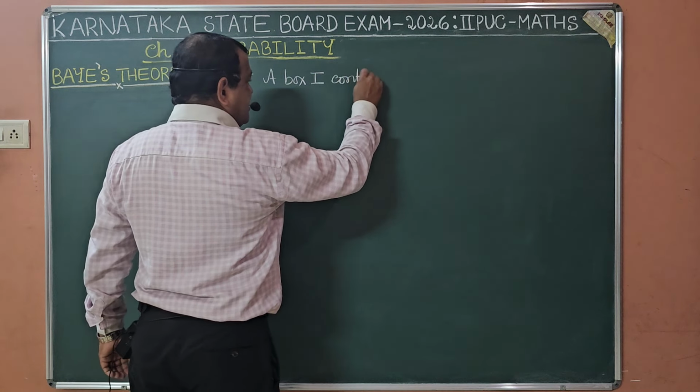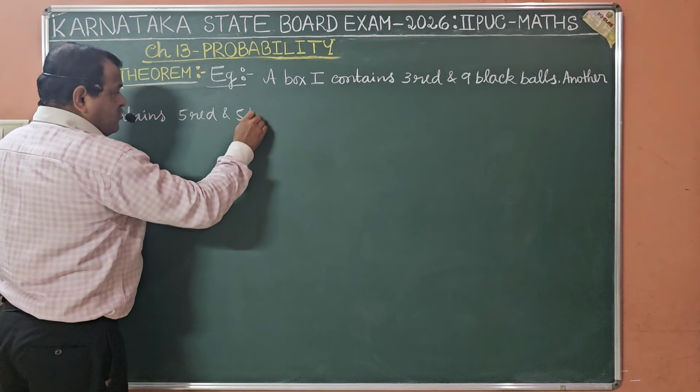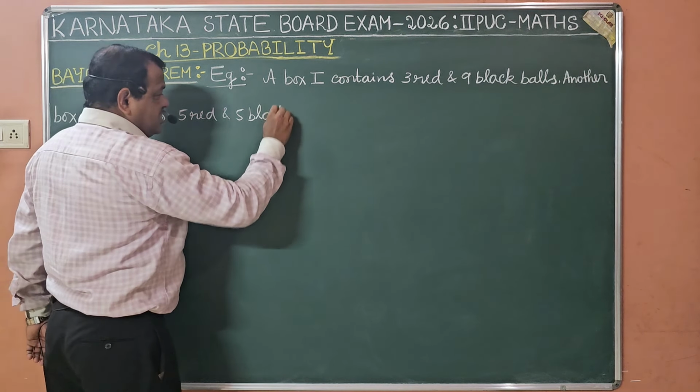Another box, box 2, contains 5 red and 5 black balls. These are the 2 sentences. Only 2 boxes, box 1 and box 2.